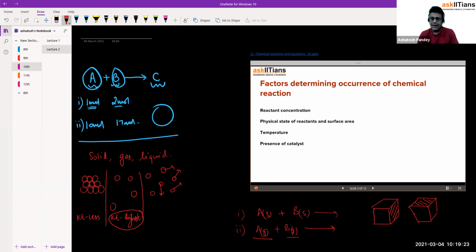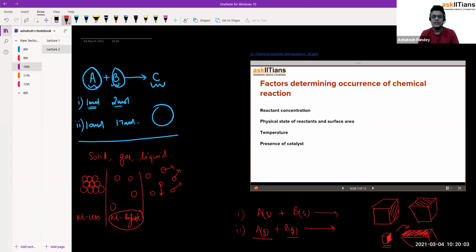As compared to this, if we have a very small surface area and this, let's say, large surface area, then the interaction of this with this is very less. The molecules on this surface only are going to interact with the molecules of this. So when surface area is less, the interaction of molecules of different reactants is less, and that's why the product formed or the reaction will also be less.